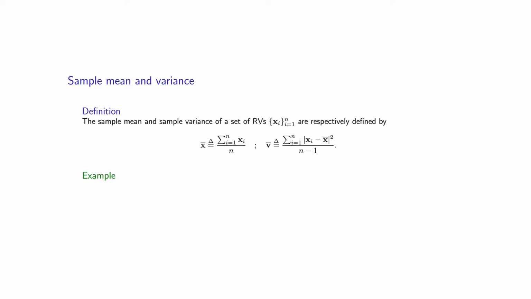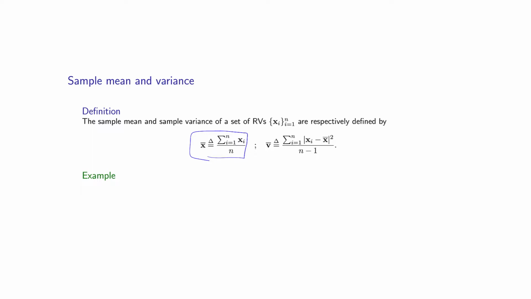If you have a bunch of random variables, real or complex, we want to define the sample mean and sample variance. The sample mean is just that you add them up and divide by the number n. That means you get your data and add them together.